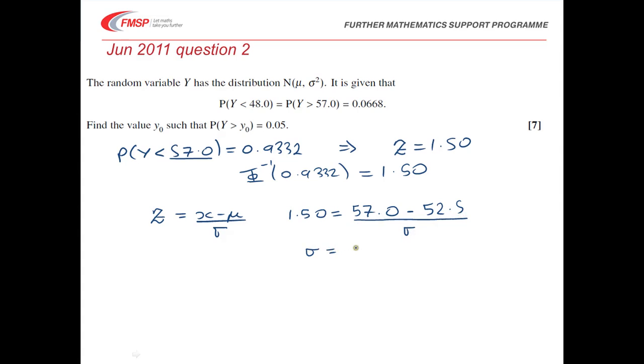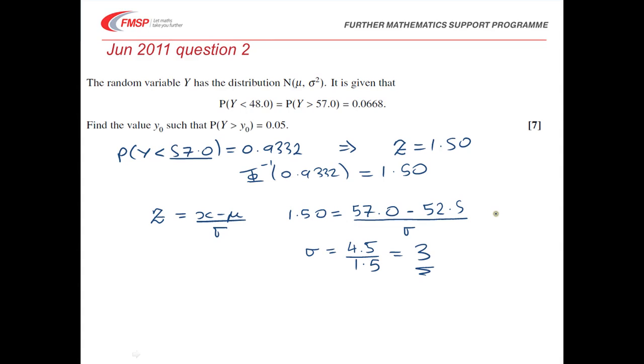So sigma is equal to 4.5 divided by 1.5, which is 3.